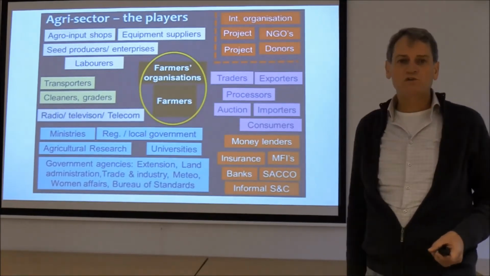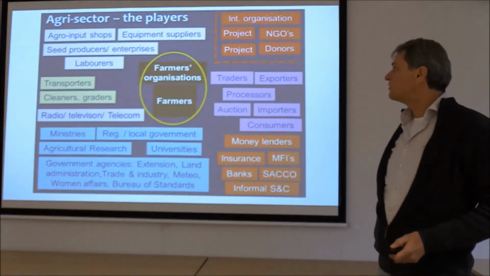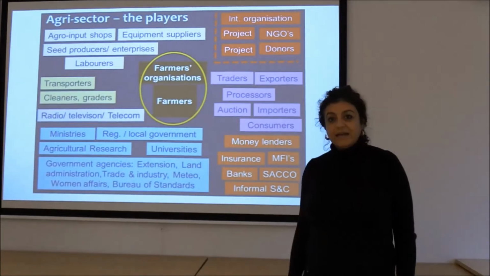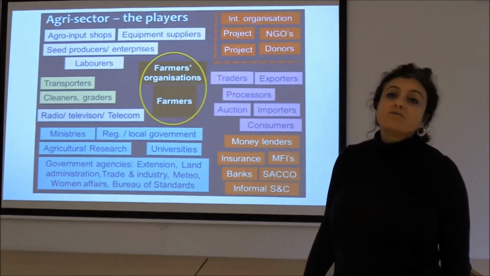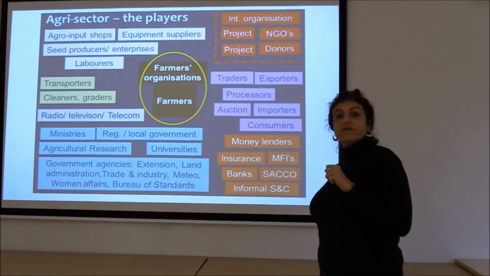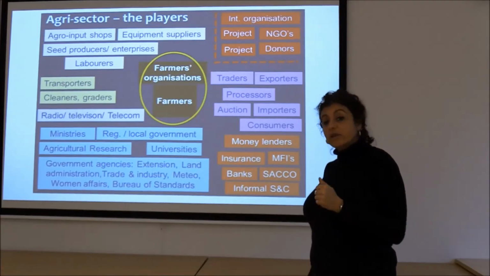So the purpose of this presentation is to help you to structure the diversity of players that are in a sector. Hello again. Ted just introduced you to the value chain operators, and he said that he cannot stress enough that they own the product and that they create value along the value chain.